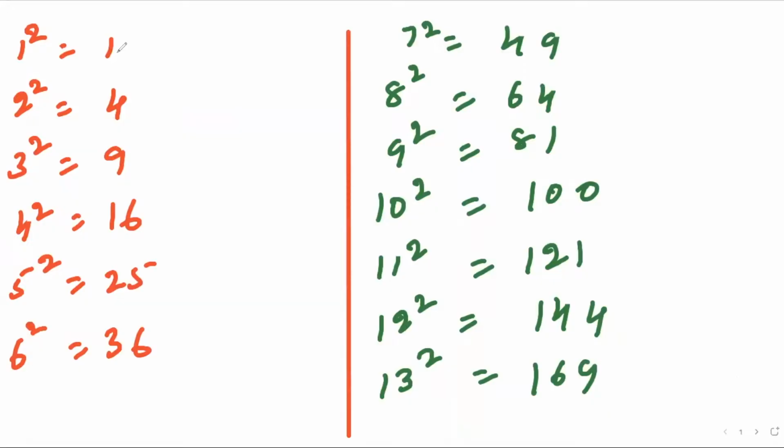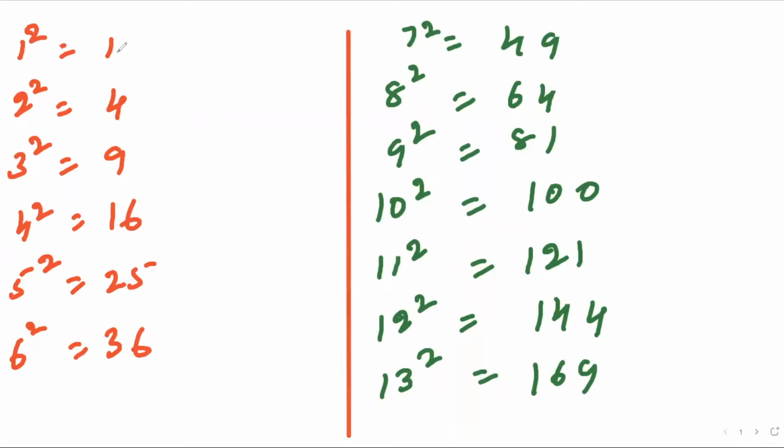Before I teach you square roots, I would like to tell you one most important point. Please learn 1 square to 30 square. I taught how to do it in another video. I hope you watched the previous video on how to find 1 square to 30 square.